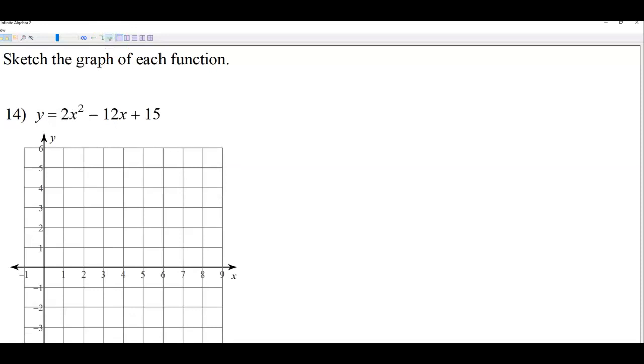We also learned how to graph quadratics in standard form. Standard form looks like this. Okay, to do this, you have to do a couple of things. First of all, you're going to want to find your vertex. And to find your vertex, it's a two-step process. First, you find your h value, I guess we could call it.